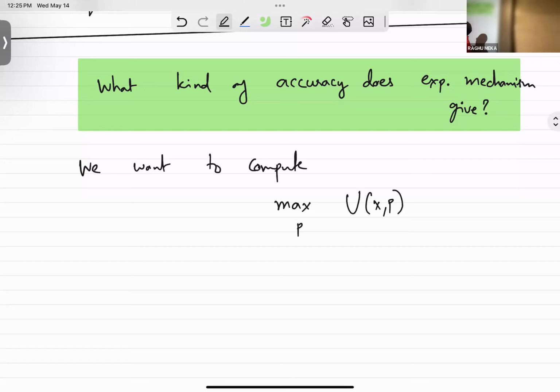In the digital auctions case, we were interested in finding out which price gave me the most revenue. In the case of diseases, we wanted to find out which disease was the most common across the database. Okay, so this is the ideal answer that we want to compute when I don't care about privacy.